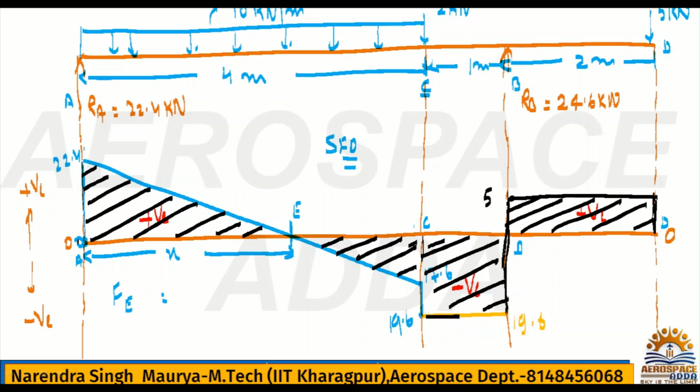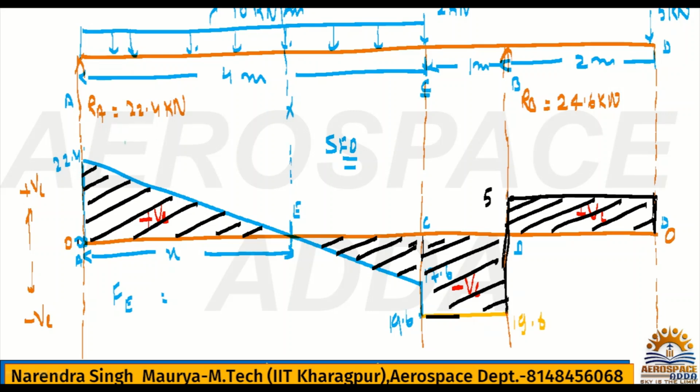If you take the full span length, you will reach point C, but where your shear force becomes 0 is in between, just before C. So better you consider this distance as x. You take one section and say this distance is x.